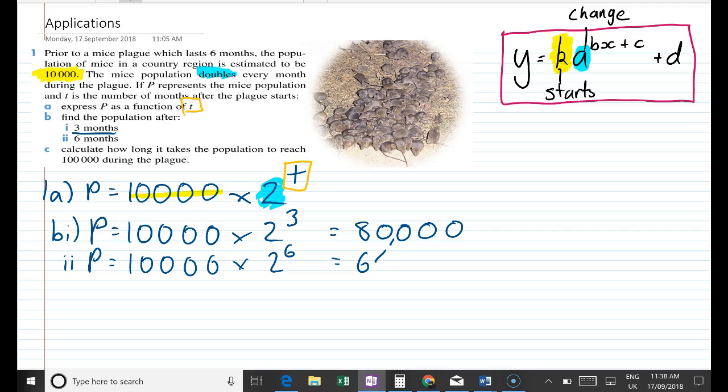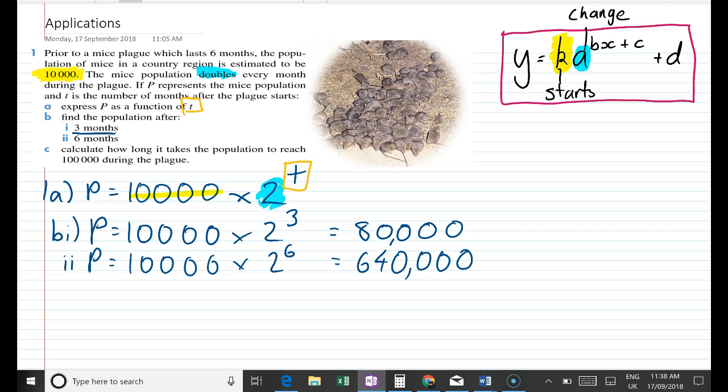The 6 months, it'll be 64,000. Sorry, it'll be 640,000. I thought 64,000 seemed a bit light. 640,000. Forgot a decimal place. Okay, so that's B, I, and double I done.